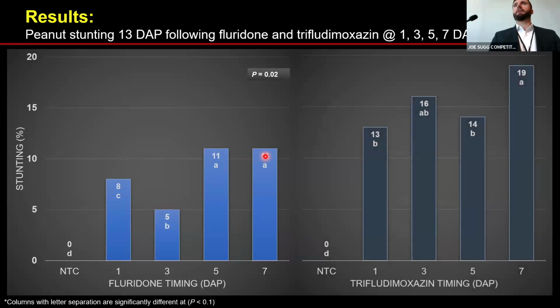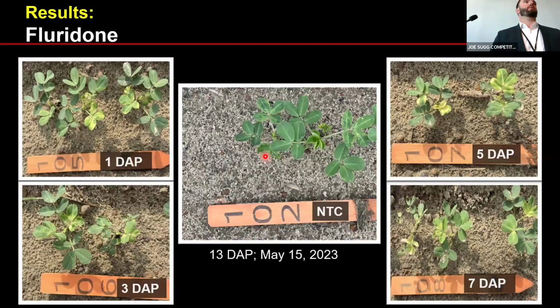And so the same trend we saw in trifludimoxazin as well, ranging between 13 to 19% stunting, with 7 days, again, being the most injurious and the highest stunting percentage at 19%. And so here is just capturing what that looked like at 13 days after planting across those 4 delayed applications.